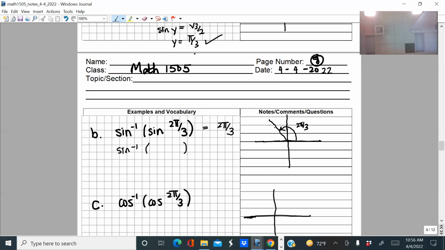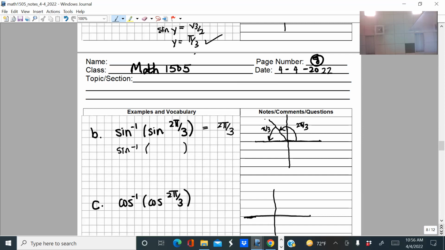So what's its reference angle? 60 degrees, right? The reference angle is pi over 3. So sine of 2 pi over 3 is kind of the same as the sine of pi over 3, except we've got to get the sign in, the plus or minus in front, correct.